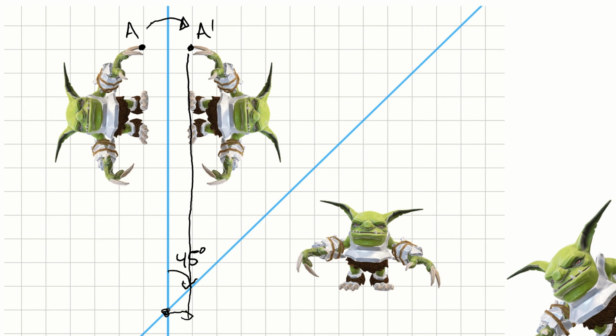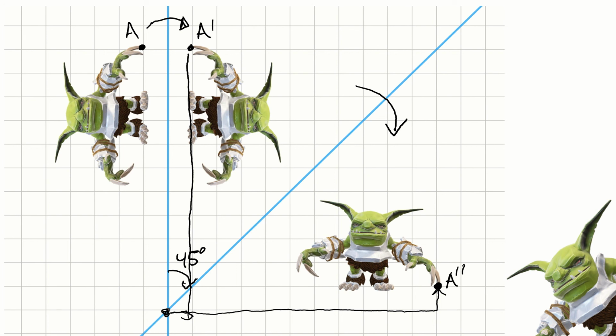Well, if I flip the order, and instead of going over 1 and up 11, I go over 11 units and then up 1, I end up getting this point. And this point I'll call A double prime. So what happens is I'm reflecting across this line, and every single point that I have gets mapped using essentially the same rule that we have when we map across the line y equals x.